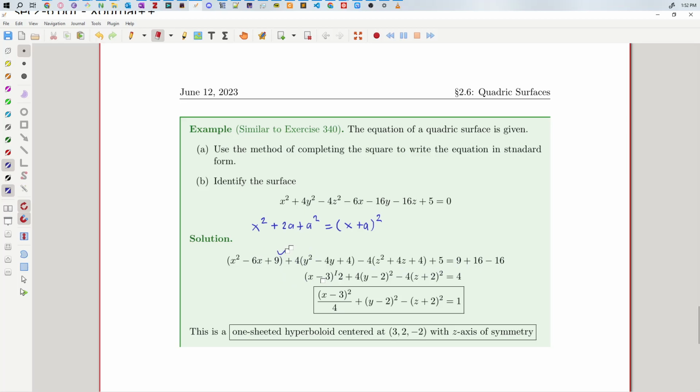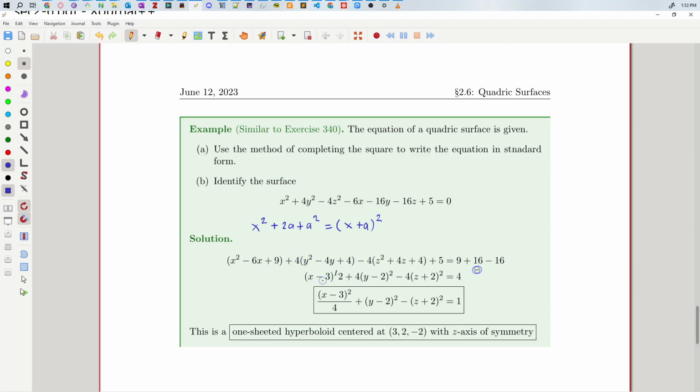So I do that, and I do that with the other two terms also. So grouping the y's together, we have the 4y squared and the minus 16y, and then I factor out the 4 just to make it easier to complete the square. So by factoring out the 4, I would see a y squared minus 4y, and then to complete the square, I would have to add 4, but in parentheses, which means that outside of the parentheses, what we've actually added is 16.